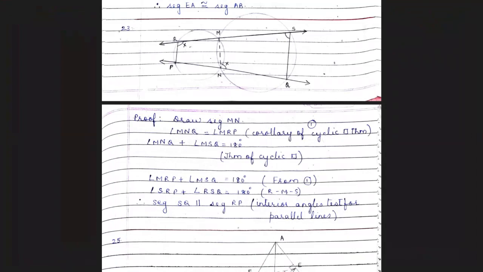Now, children, if you remember in the previous exercise, I had asked you to try out this exterior angle theorem, wherein if I draw a cyclic quadrilateral like RMNP and angle MNQ is an exterior angle, we had proved angle MNQ is equal to angle MRP.